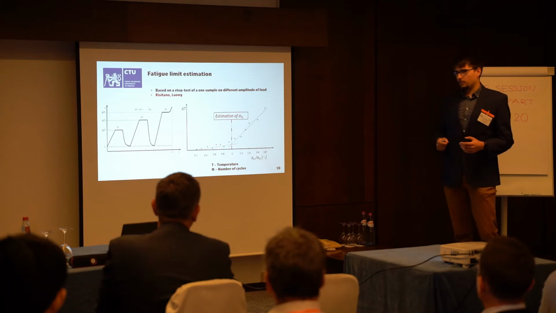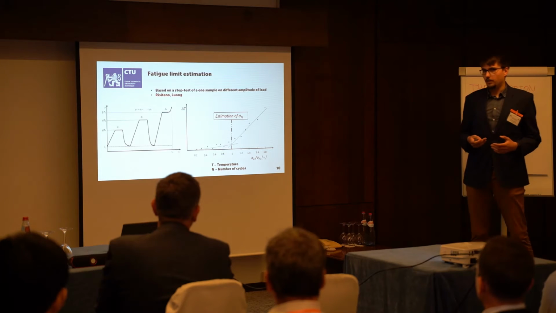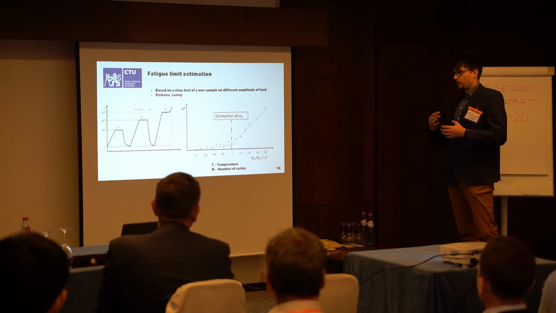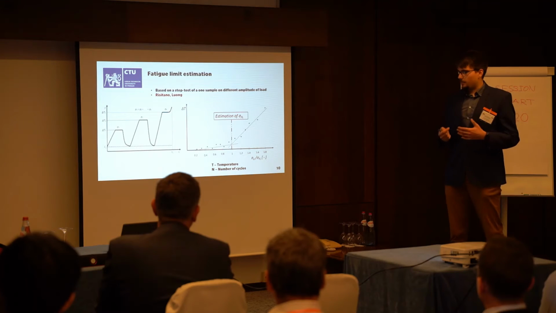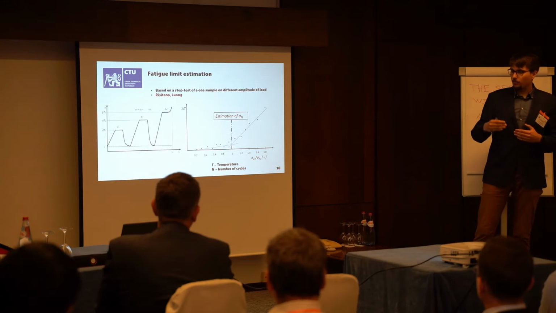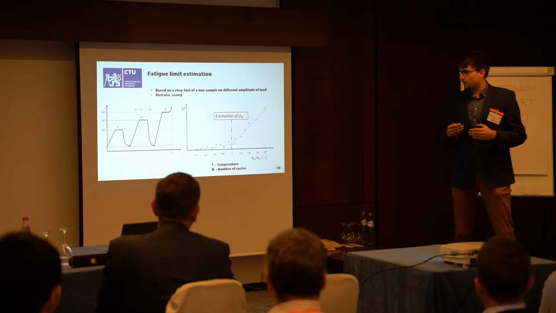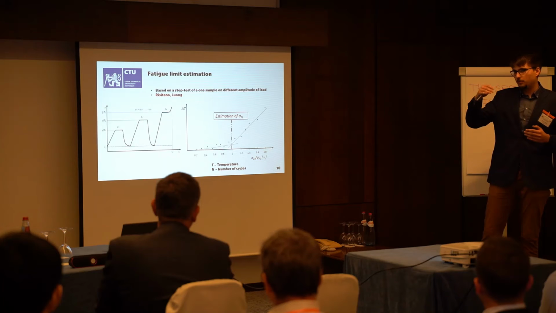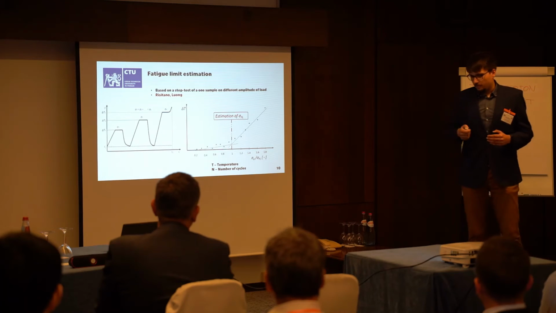Our motivation is to estimate the fatigue limit. According to Risitano and Long, they were using a step test with a variable amplitude of load and trying to measure the stabilized temperature at such amplitude of load to correlate it with the fatigue limit.